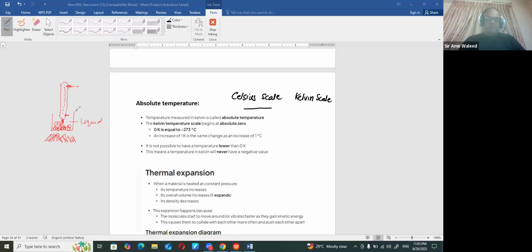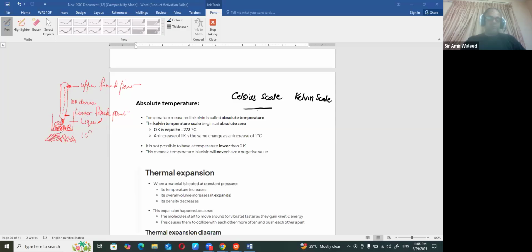Now, this point is considered the lower fixed point, and that point is considered the upper fixed point. Everything is in between these two points. Celsius came in and calibrated the lower fixed point and upper fixed point, and he divided these two points into 100 divisions, where one division is equal to 1 centigrade.